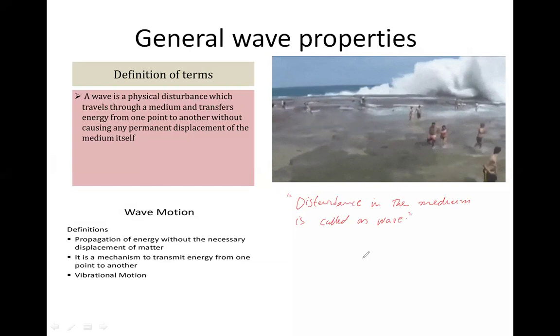And wave transfers energy. Look at this one. This is called wave motion. What is the definition of wave motion? Wave transfers energy, nothing more than that. This is the definition of wave motion.